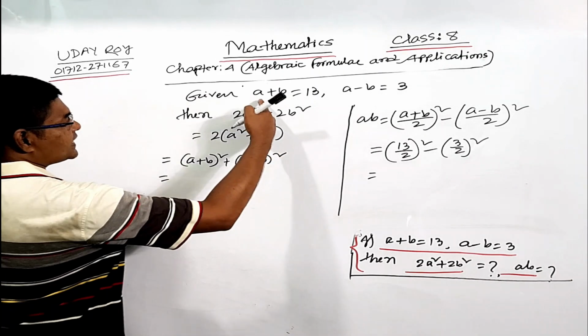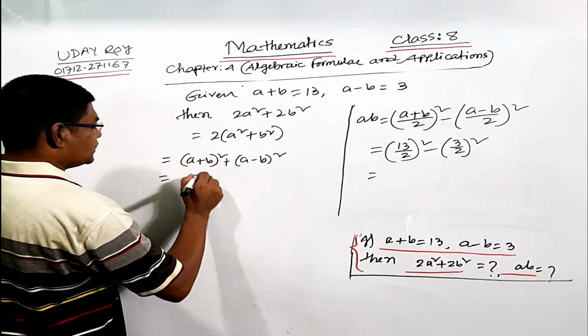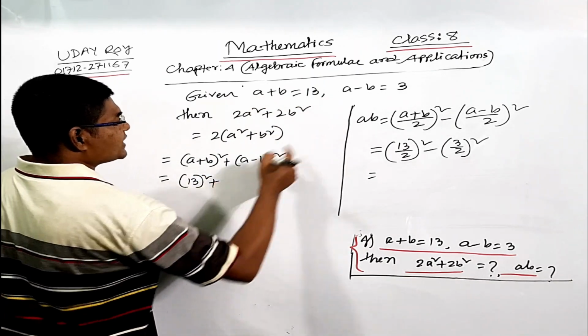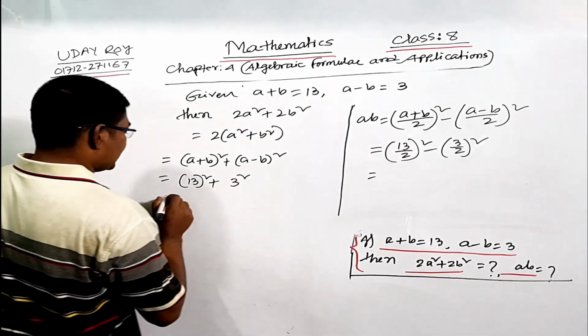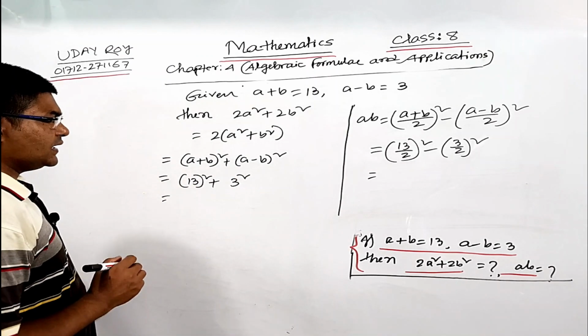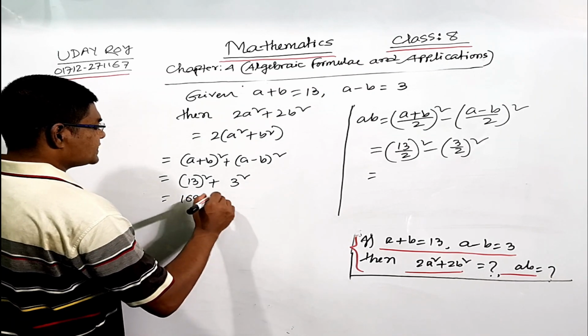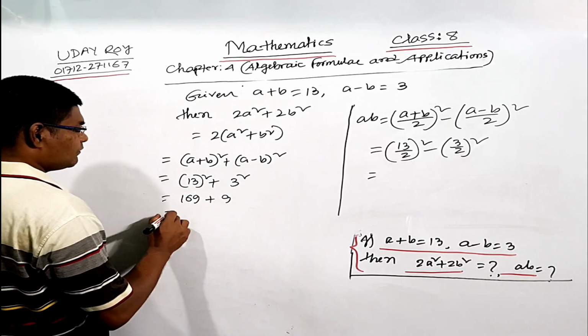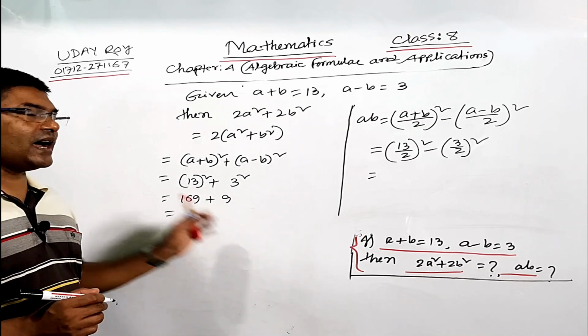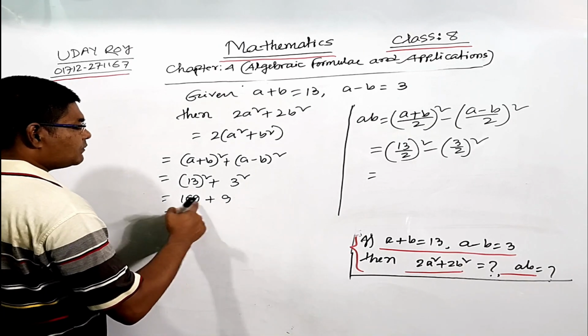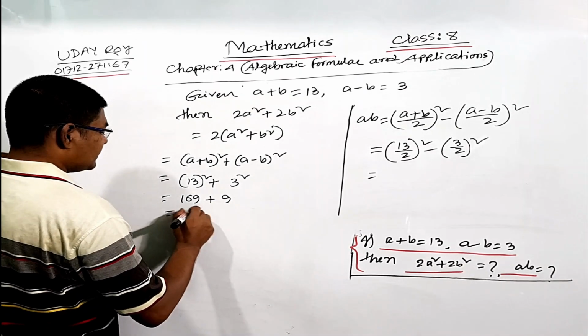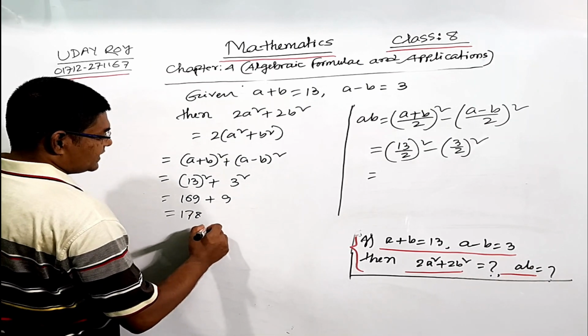You can say a plus b equals 13 and a minus b equals 3. So 13 square equals 169, and 3 square equals 9. So 169 plus 9 equals 178. That is the answer.